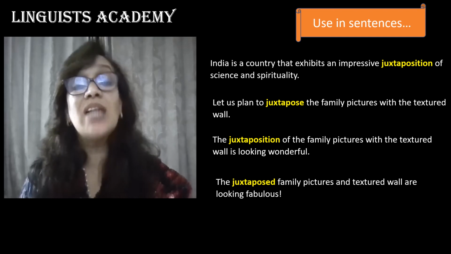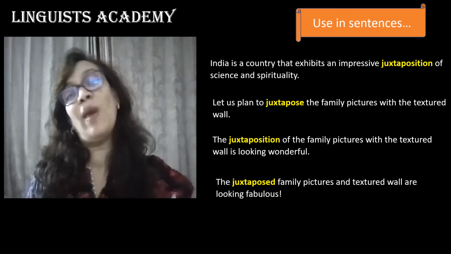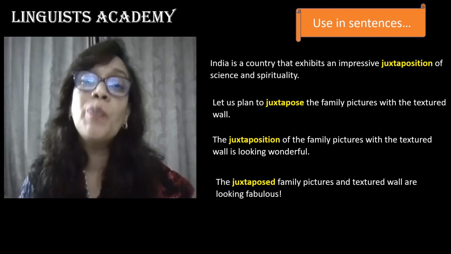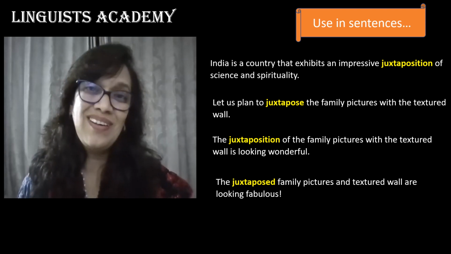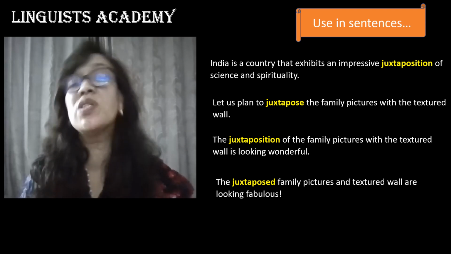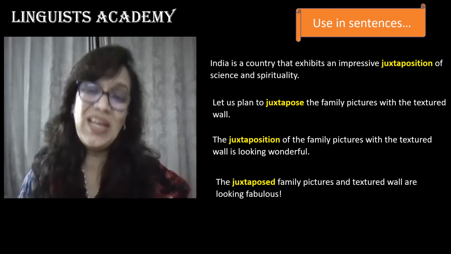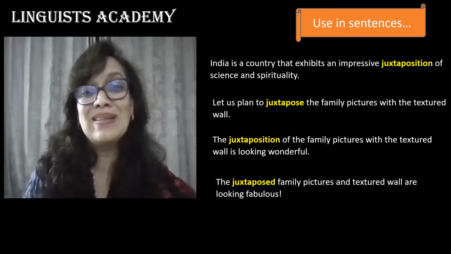So here it is used as an adjective. The juxtaposed family pictures and textured wall. That means the adjacent placement or the placement that has been done together. So the juxtaposed family pictures, the way they are placed, that is why it is an adjective, are looking fabulous.